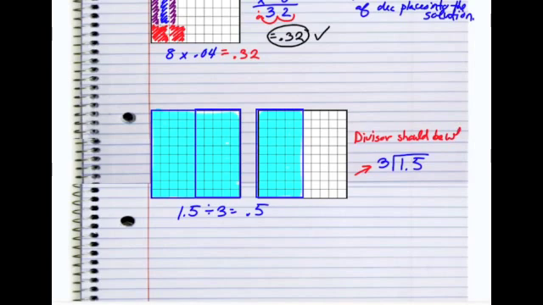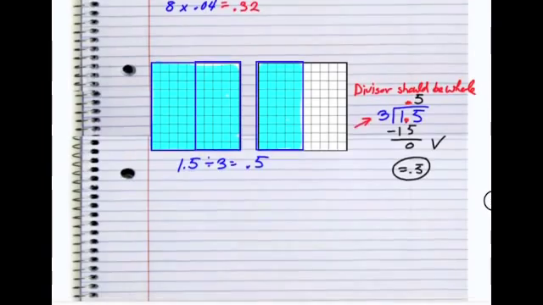And if it's not, I will show you what to do. But at this point, my divisor is whole. So all I want to do is take the decimal point from my dividend and raise it up vertically and put it straight above itself. And that's where the decimal point is going to be in my solution. So 3 goes into 15 5 times. 5 times 3 is 15. I do my subtraction, and I know that my answer has to be 0.5 or 5 tenths.